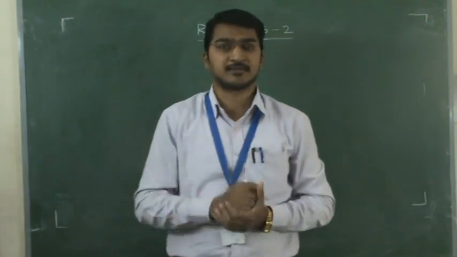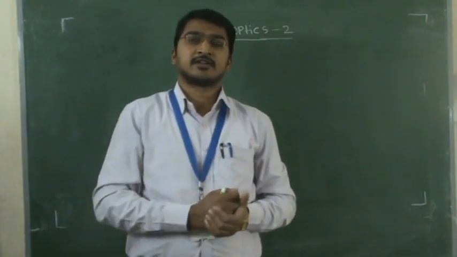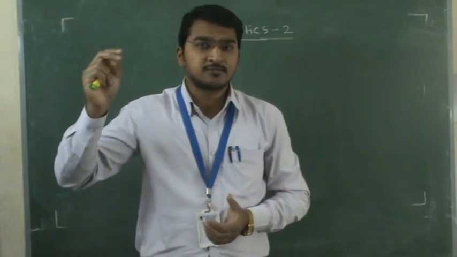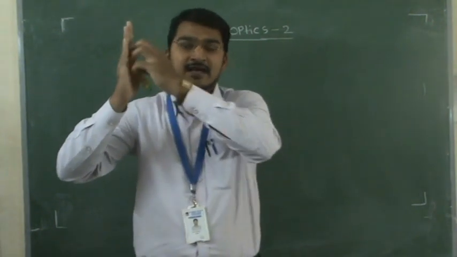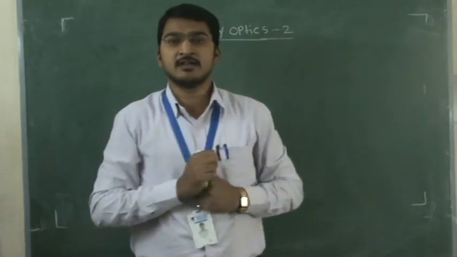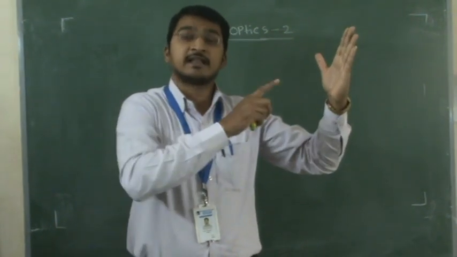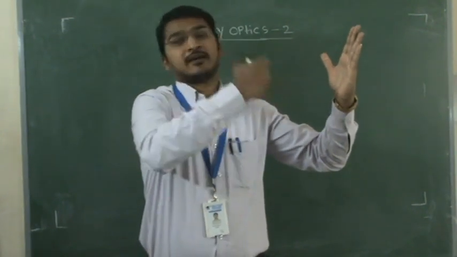Got it now? Remember the definitions I already gave. What is a real object? The point from where the light rays are diverging from. Next, what is virtual? The point from where the light rays appear, not real, to be diverging from.